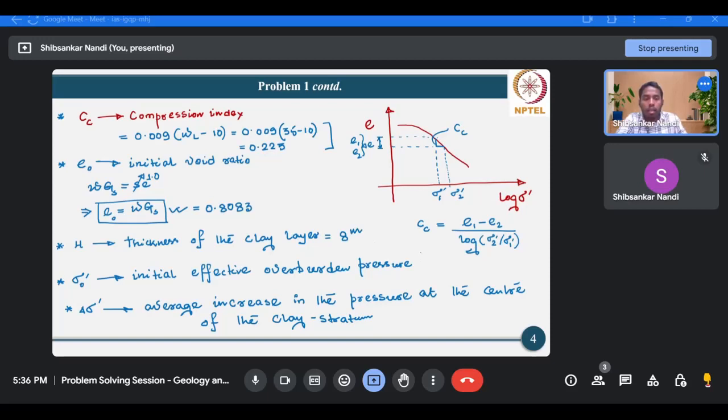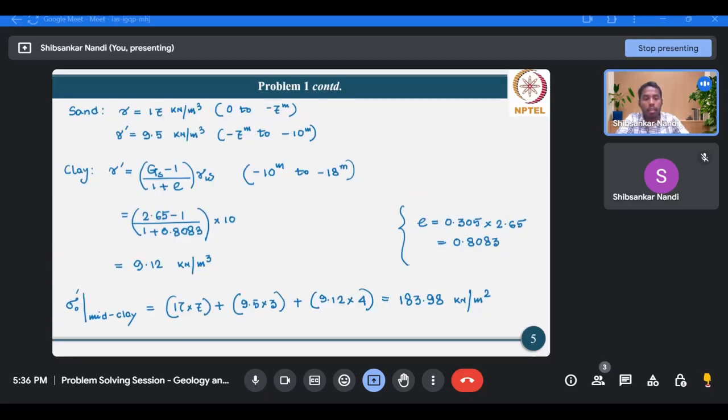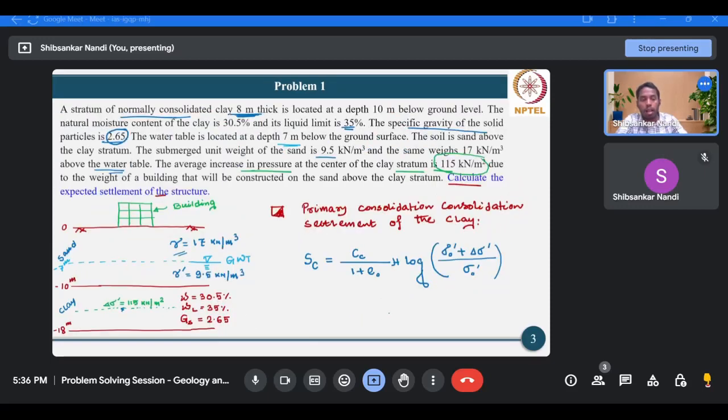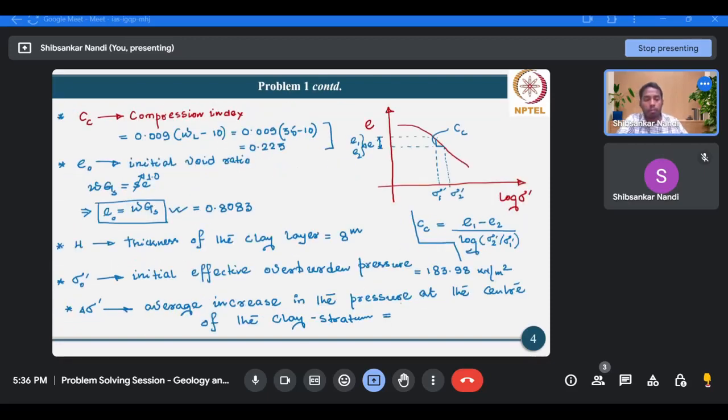And the initial effective overburden pressure, just now we have calculated, is 183.98 kilonewton per meter square, and the average stress increase at the center of the clay stratum is 115 kilonewton per meter square.